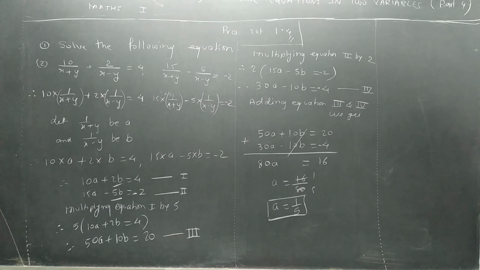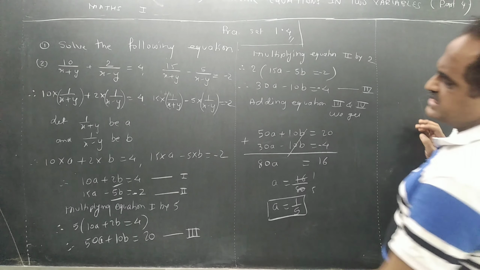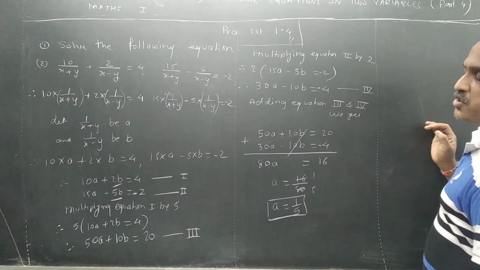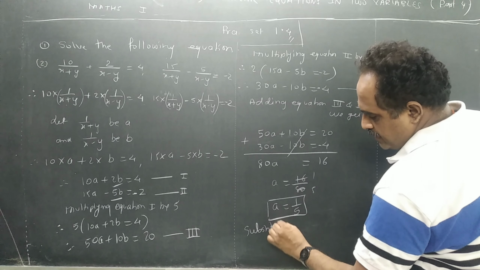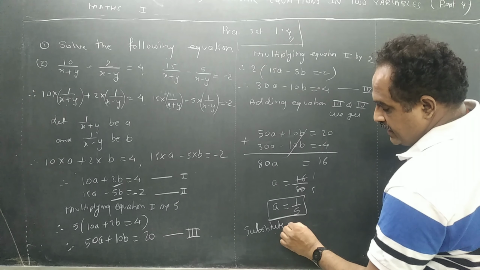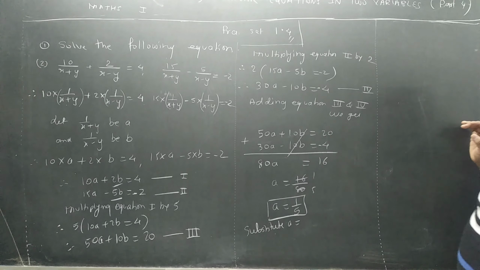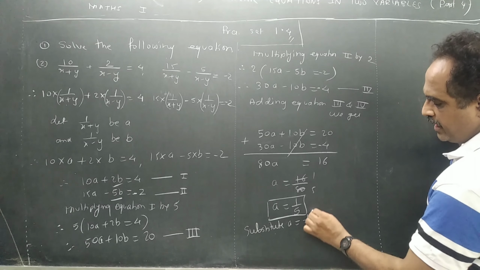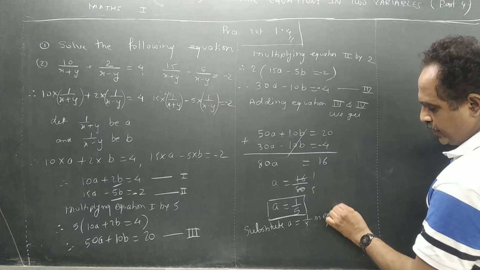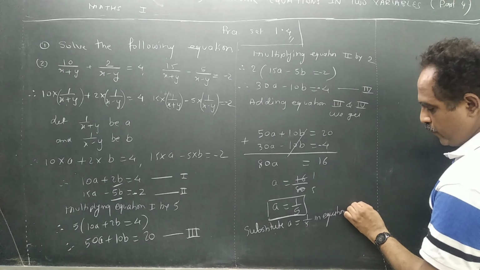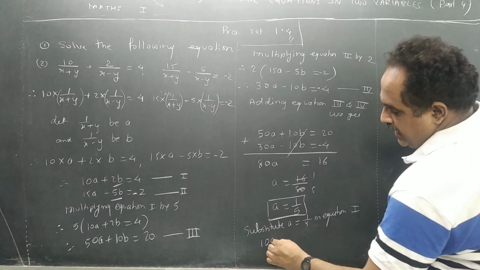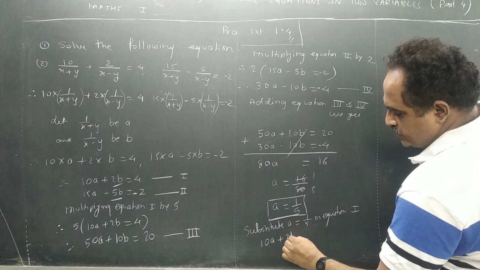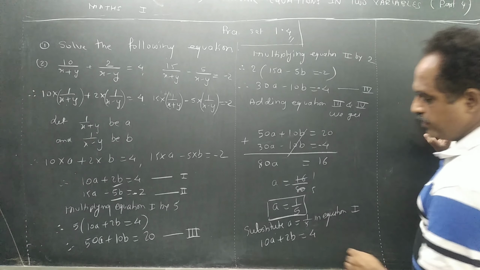Have you understood this? Now we are going to find out the value of b. How will we find out? We can substitute anywhere. Suppose I am substituting in equation 1. So substitute a is equal to 1 upon 5 in equation 1. So what is equation 1? 10a plus 2b is equal to 4.